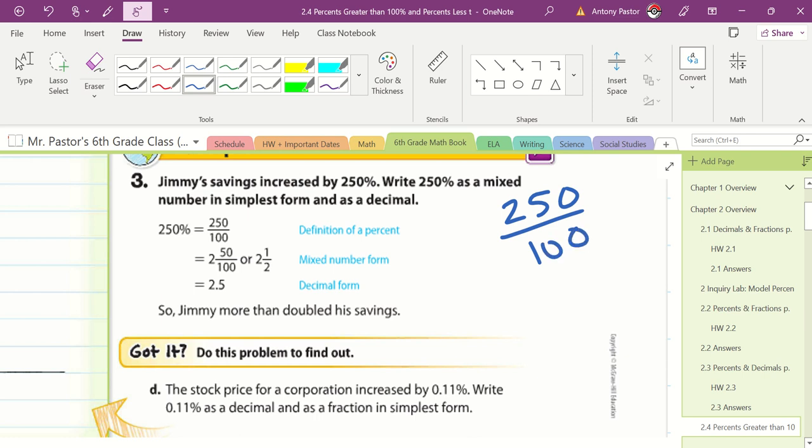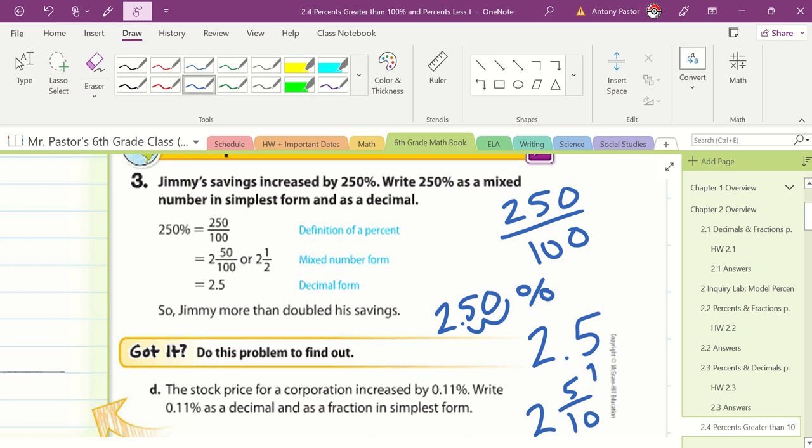I would have done it the other way, the way that we've been doing it, turning 250% into a decimal first, which would be 2.5, and then this would be 2 and 5 tenths, because the 5 is in the tenths spot, and 5 tenths both will have 5 as a factor, which would be 2 and 1 half, because 5 divided by 5 is 1, 10 divided by 5 is 2. So that's our answer there, and we still have 2.5 there.